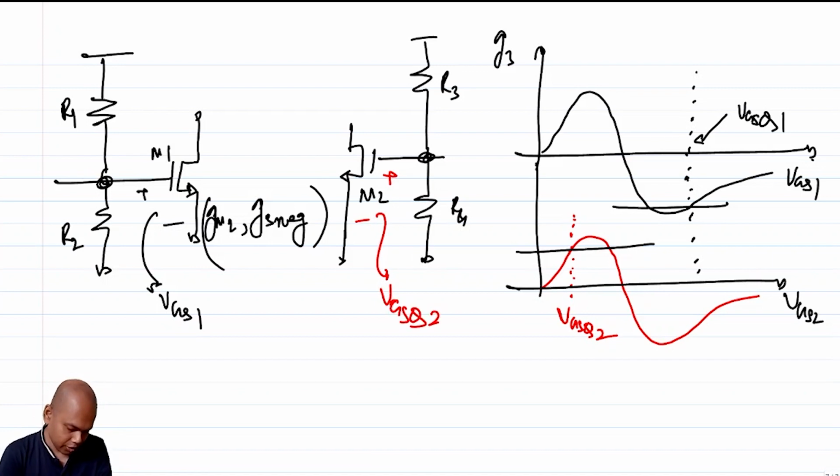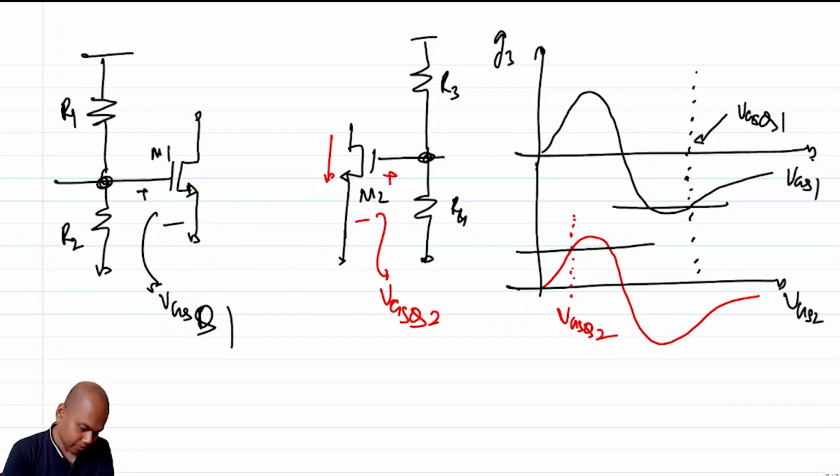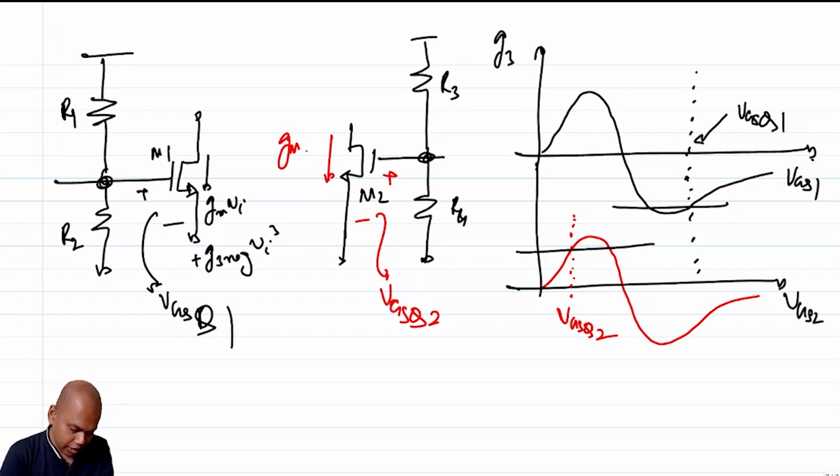So the first one was VGSQ1. The current coming out of M1 is GM large VI plus G3 negative VI cube, and the current coming out of M2 is GM small VI plus G3 positive times VI cube.